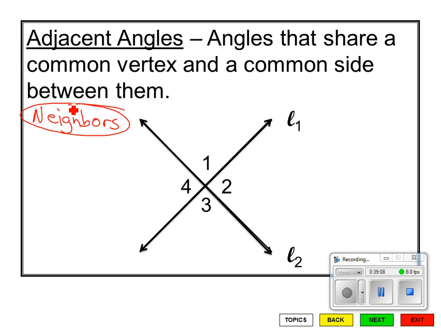Bad thing about adjacent angles is you're writing this down. Me and Mr. Alexander's room are adjacent. Does that tell us anything about how our rooms are compared to each other or how they're related? Does that mean his room's bigger than mine? My room's bigger than his? They're the same size? It tells you absolutely nothing mathematically when you say these two things are adjacent. All right?